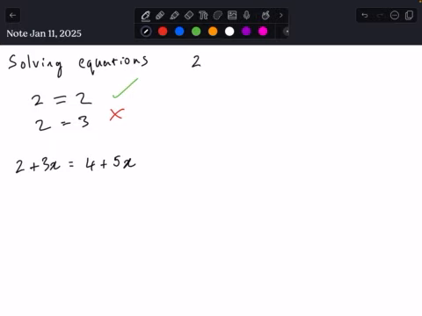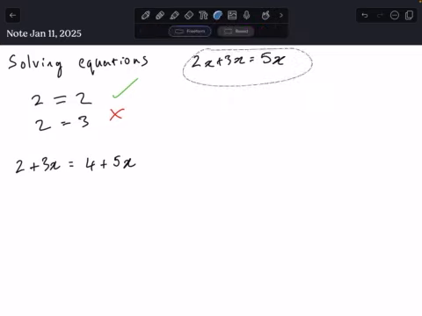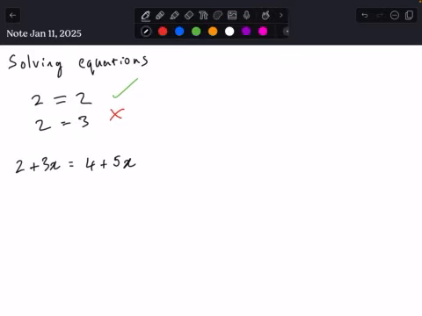For example, if we had 2x plus 3x, it could just be equal to 5x. But as you can see here in this equation, the like variables, which are 3x and 5x, are on different sides of the equality or the equal sign. So what we're going to need to do is rearrange the equation a bit.